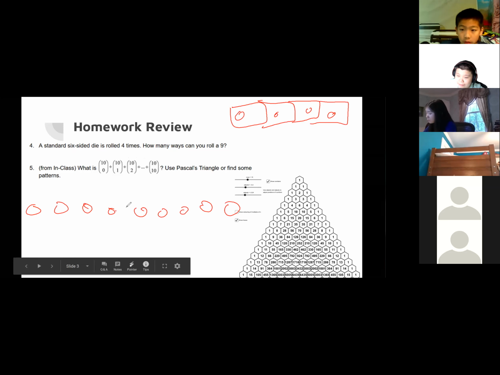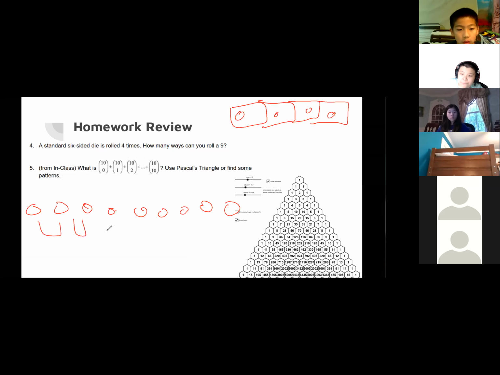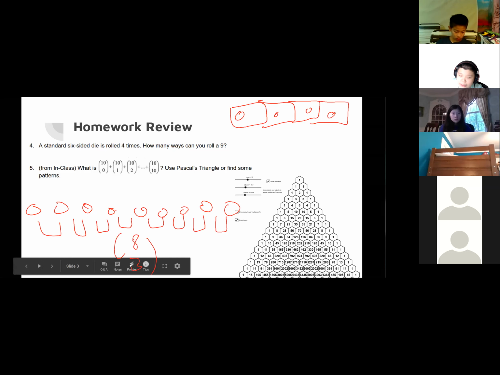For example, you can't have both of them here because that would mean that this group has 0. So instead, you could think of it as having to choose 3 of these 8 spots to place a bar in. Does this other way of thinking about it make any sense?